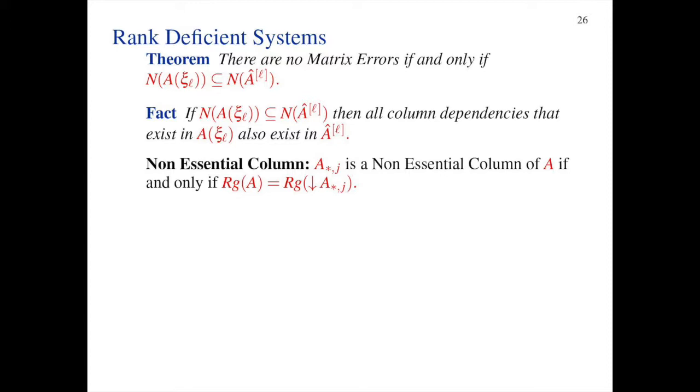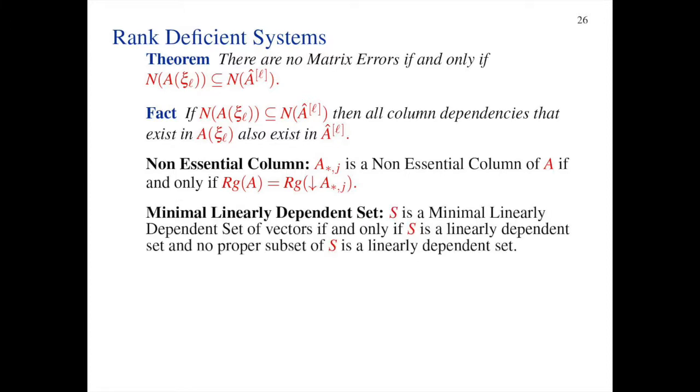That's a column I would consider to be a non-essential column, right? So any such column is a non-essential column. So next we define a minimal linearly dependent set, right? And this is a set where if I were to drop just one element from the set, it will become independent.